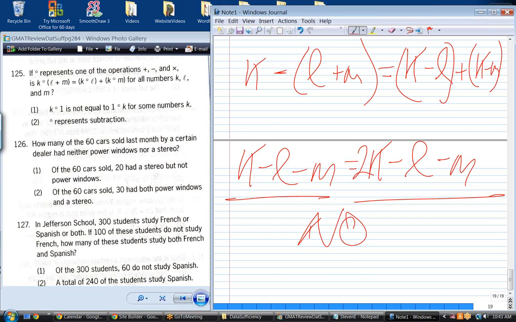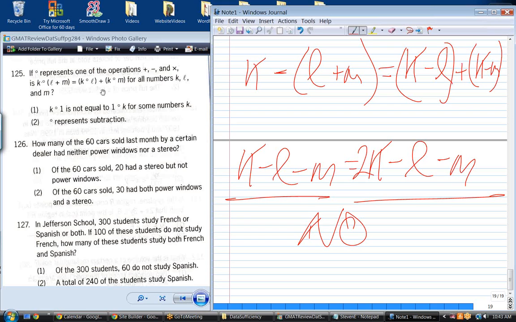So 2 answers it. Now let's see if 1 answers it. By telling us this, they're telling us it's not multiplication. So it's subtraction or addition, and neither one of them makes this true. So 1 answers it also.